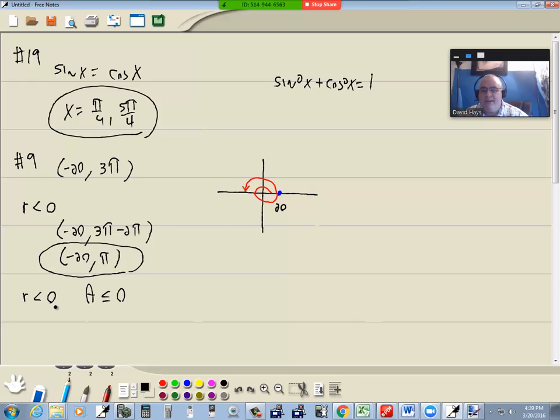We want r still to be negative, which means I want to end up over here, but I want to go negative angle. Well, if I go negative pi, that'll give it to me, won't it? So negative 20 and negative pi would go to right here, and then back 20 would go back to here. So that'd work.